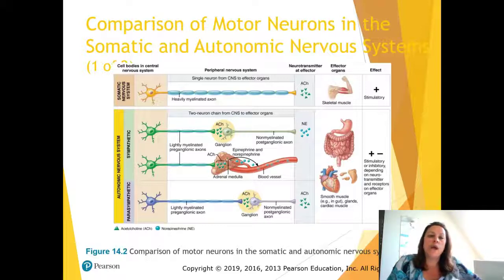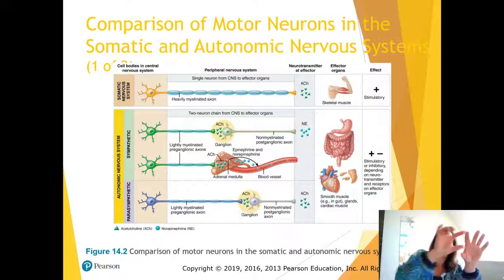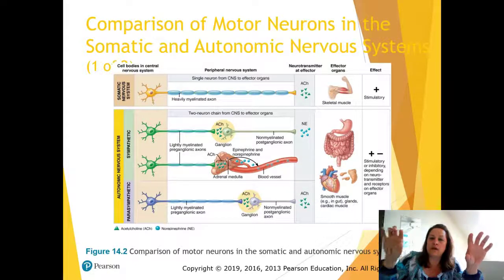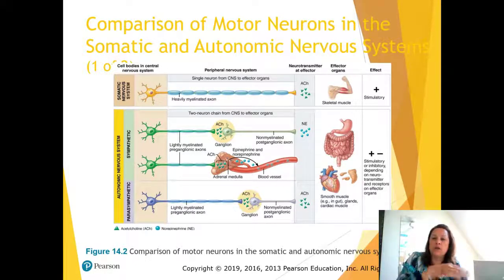So here we go. On the top, that single line is the somatic nervous system: the brain, spinal cord, muscles. Cell body in the central nervous system, axon, acetylcholine, muscle. Done. Stimulatory only, contracting. The bottom gets a little more dicey. We have the autonomic nervous system.